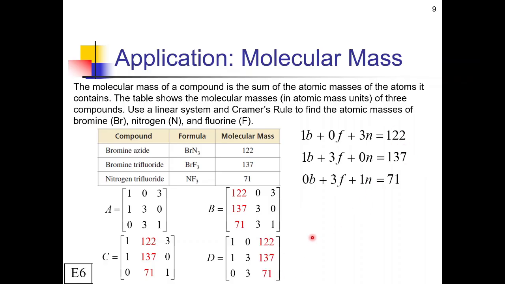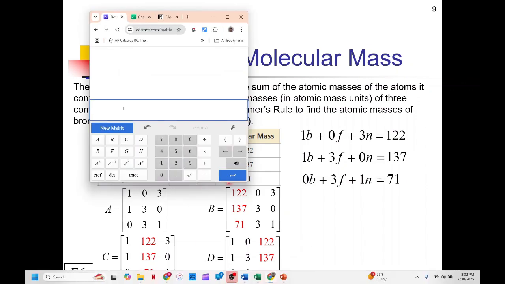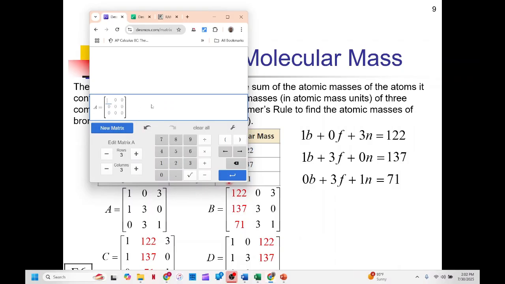And at this point, I need to go ahead and plug all of this into my Desmos calculator. So again, here's the matrix calculator. Here's matrix A, 3x3 that I need to make it. So we've got 1, 0, 3, 1, 3, 0, 0, 3, 1, and onto the B matrix, 3x3. That's going to be 122, 0, 3, 137, 3, 0, and 71, 3, 1.